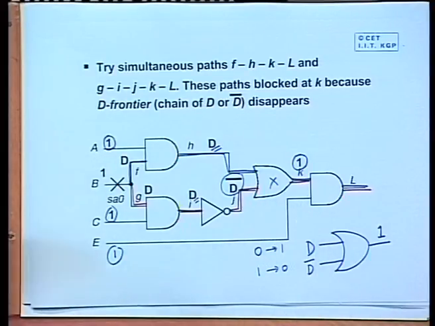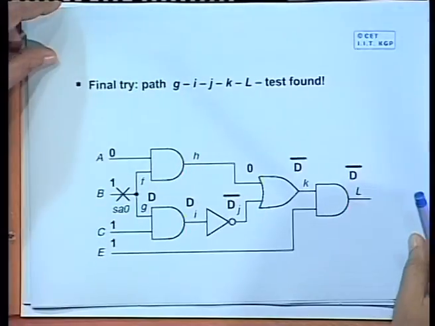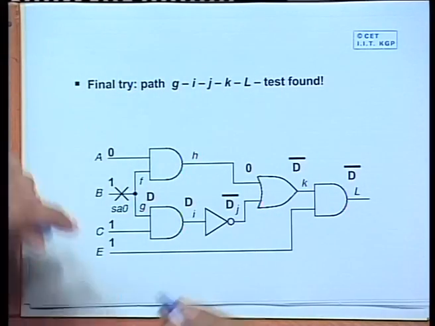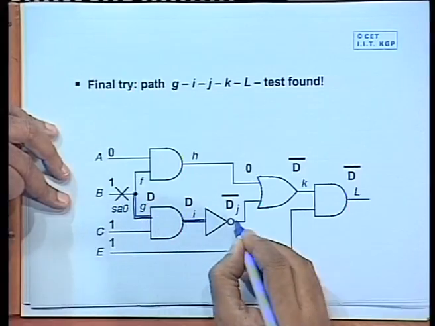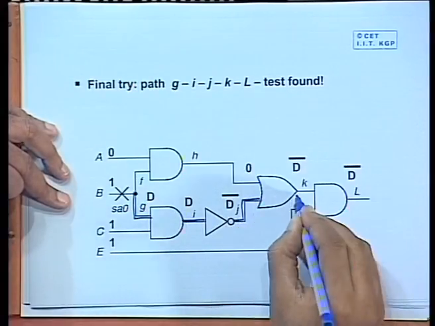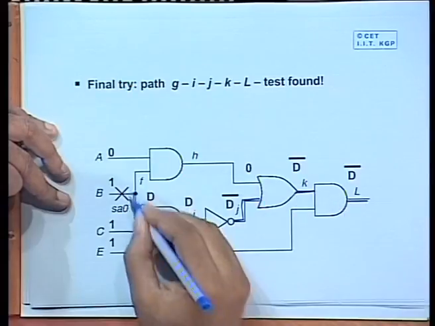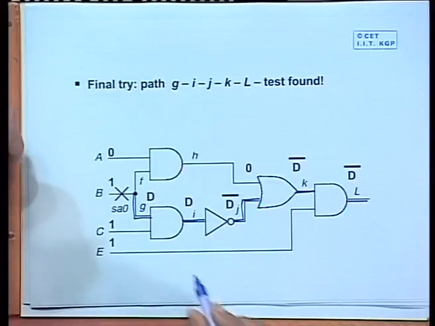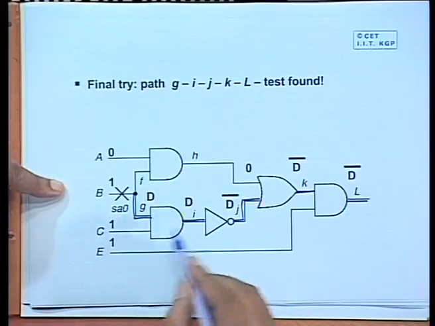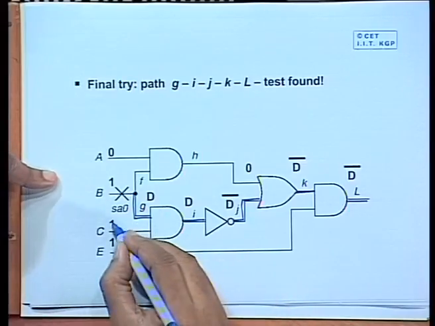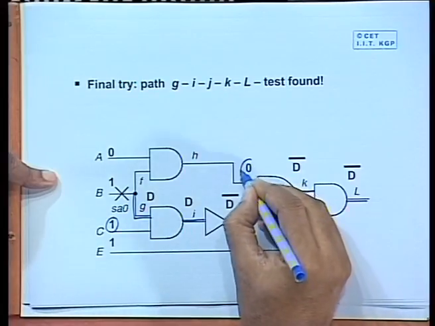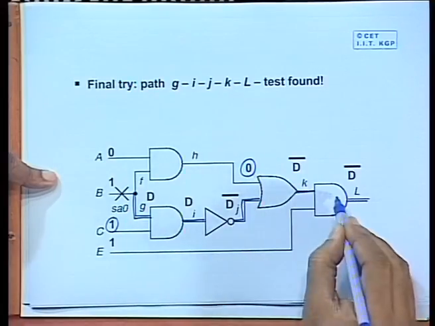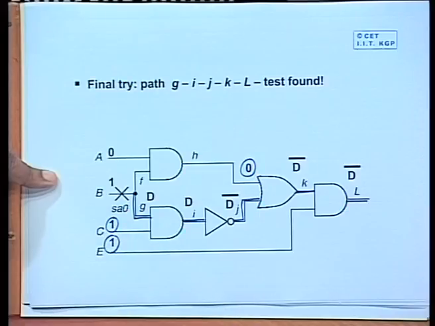Now, let us look at the last alternative, where we will find that in fact we can find a solution, that we just look at propagating through this path, single path, the other path. Now, you look at the gates which you encounter, this is an AND gate, so you have to apply 1 here, this is an OR gate, we have to apply a 0 here, AND gate you have to apply a 1 here.